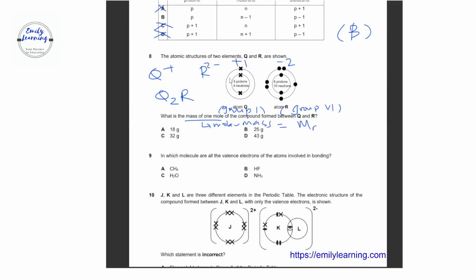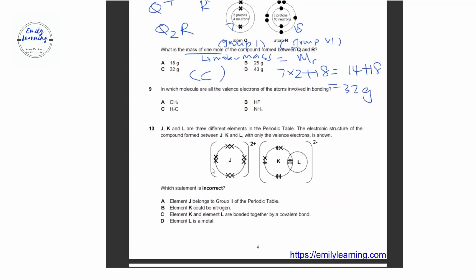So for Q, its relative atomic mass is 7. For R, its relative atomic mass is 18. So 1 mole of Q2R will be equal to 7 times 2, because there are 2 Qs, plus 18. Which is 14 plus 18, which gives us 32. So the mass of 1 mole of the compound formed between Q and R, which is Q2R, is 32. So the answer is C.